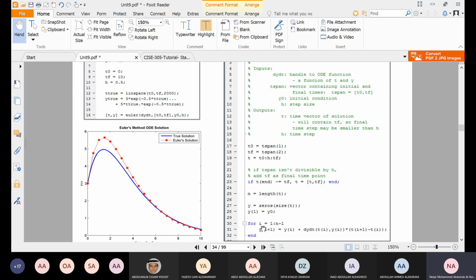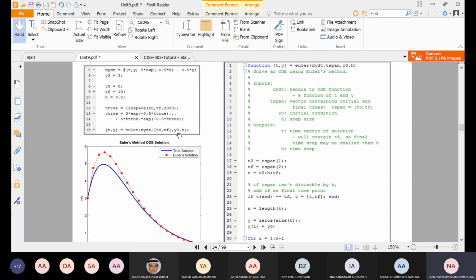And then we take the iteration from i equal 1 to n minus 1, because we already defined one of them. And this will be the Taylor series expansion. So y(i+1) equals y(i) plus the derivative of the function times the span, the previous span, so this is just h here.